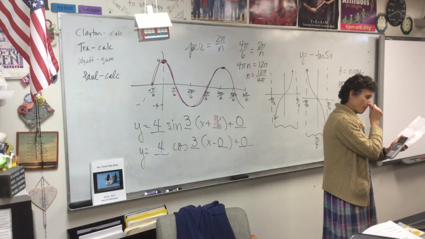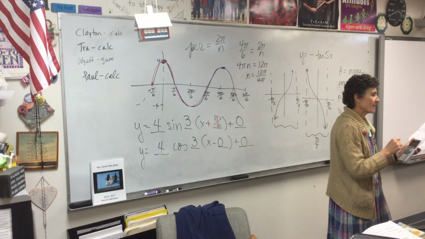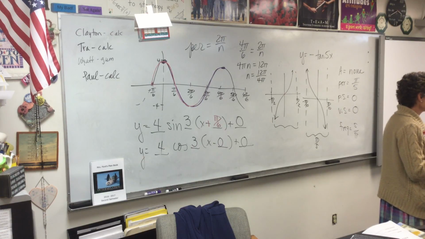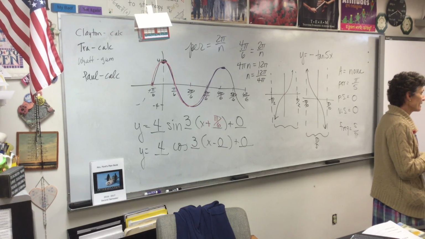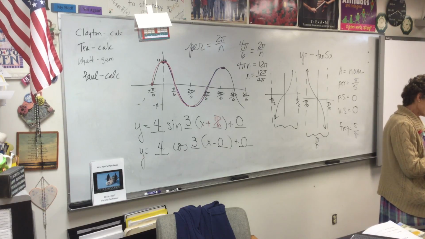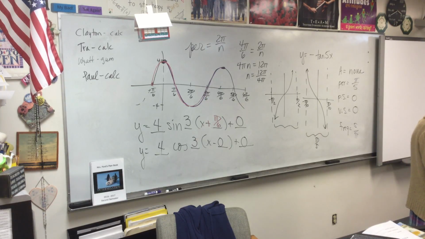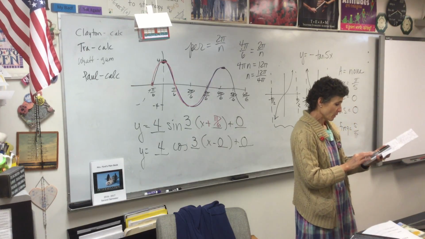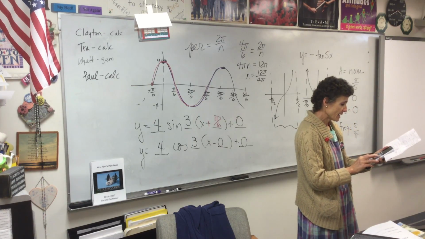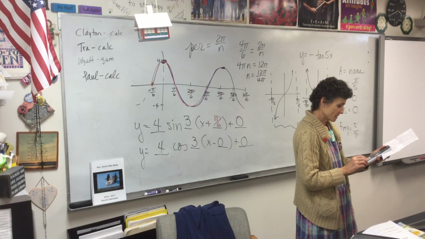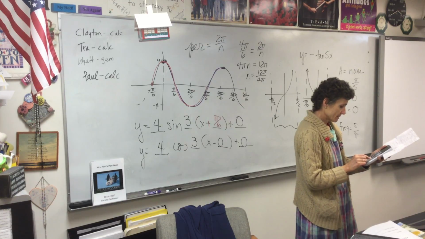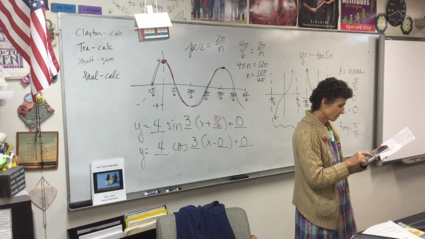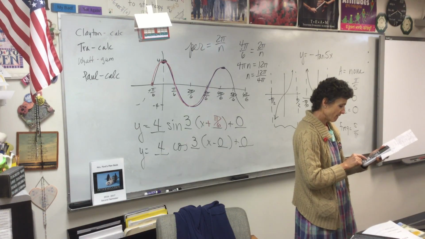Number 11. What does the problem say? Find the angle whose tangent is 5/6 in radians. So I'm going to go to mode, set my calculator in radians, and I'm going to type second tangent, 5/6.